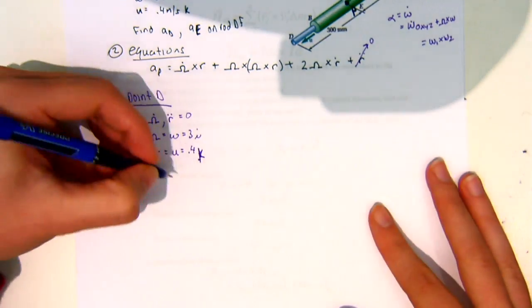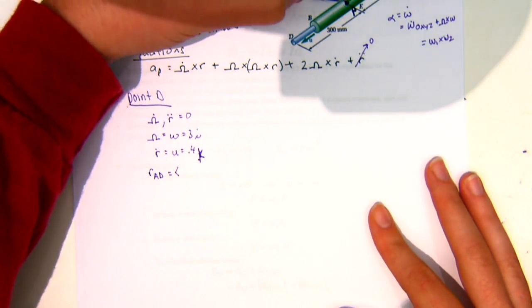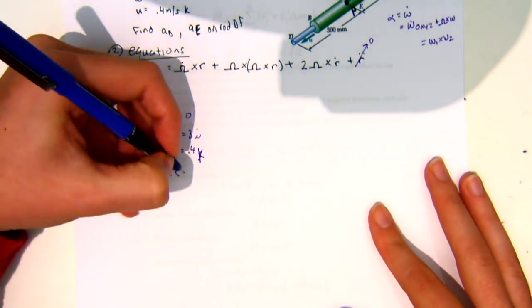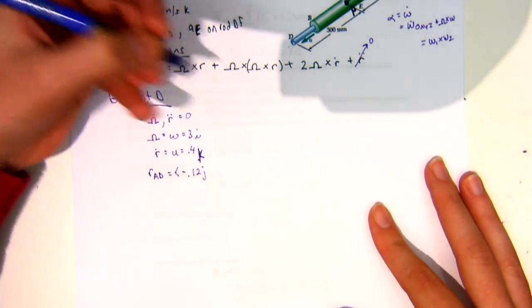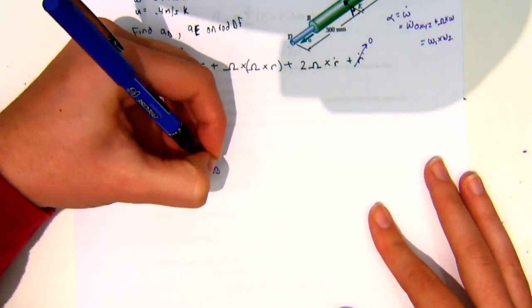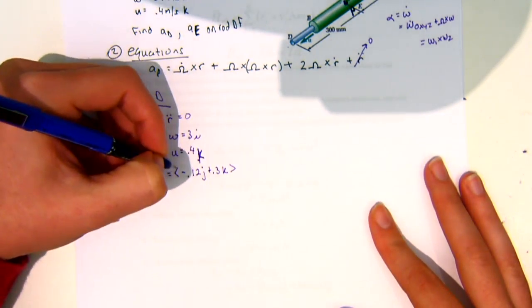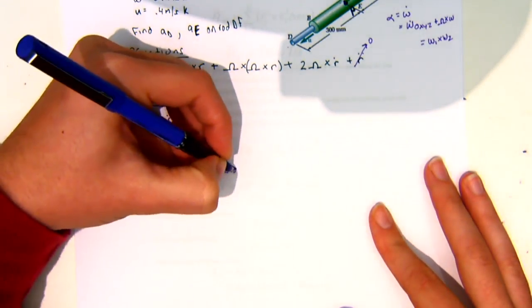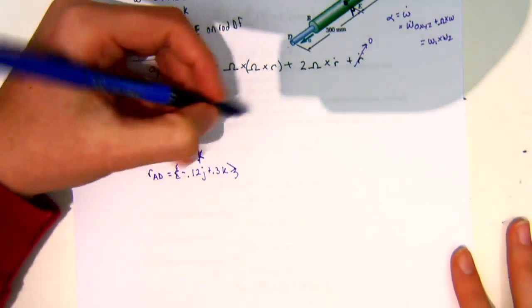So we need r AD, and for this one, that's going to be negative 0.12j and then positive 0.3k. Let's just chalk that up to being a long day. Okay, so we have every component that we need for this now, so now we can just start plugging it in.